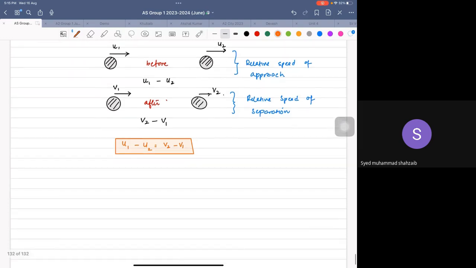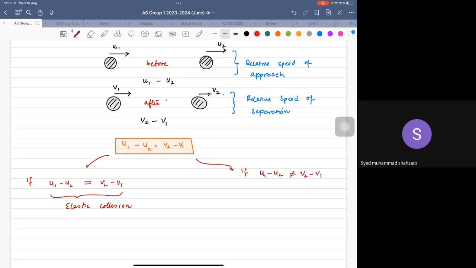For example, if u1 minus u2 is indeed equal to v2 minus v1, then we call this an elastic collision. And if u1 minus u2 is not equal to v2 minus v1, then we call this an inelastic collision.